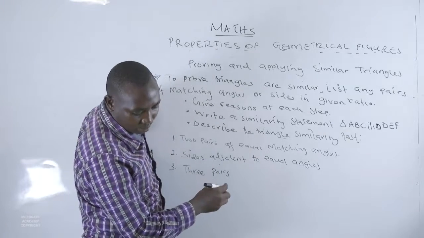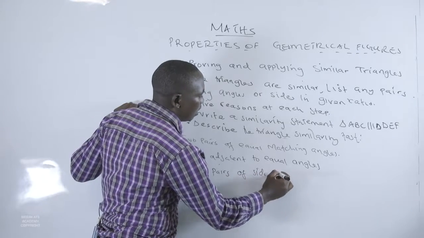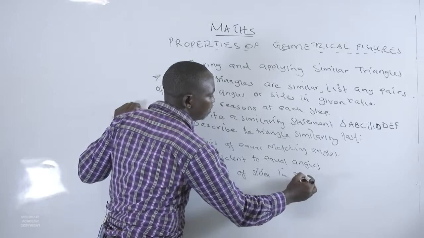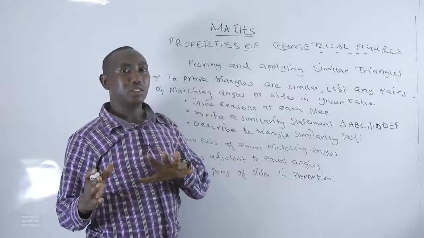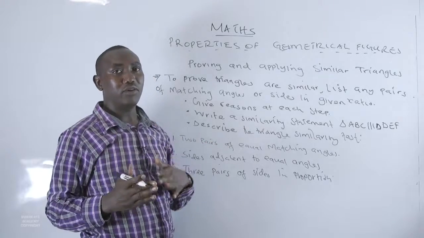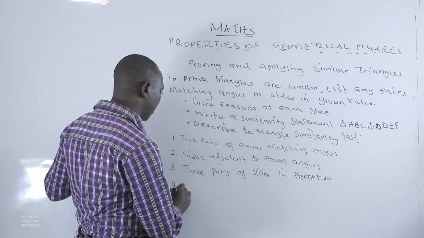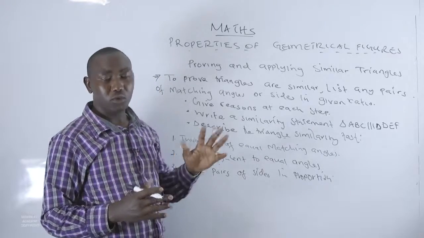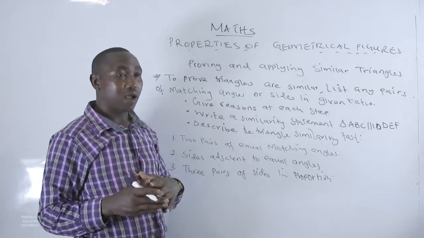3 pairs of sides that are in proportion. For this test, you must consider the 3 sides of the two triangles. They should be in proportion. Then the final test, which we also covered, was on a right angle triangle.